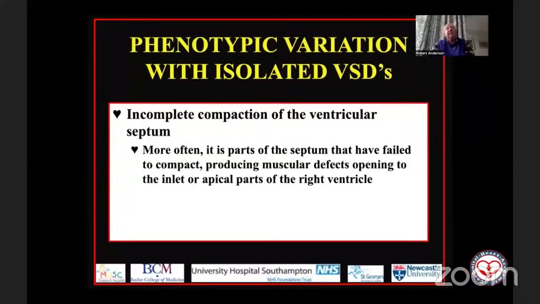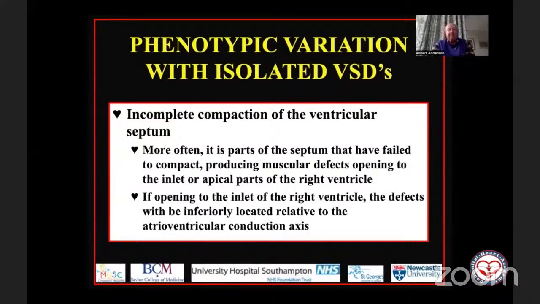But more often, the aggregates come together and they leave more discrete holes within the ventricular septum. And those holes can be produced anywhere within the muscular septum. So they can be present opening either to the inlet or within the apical parts of the right ventricle.